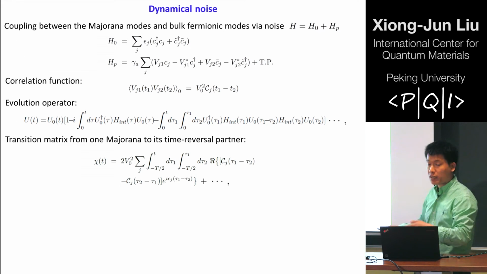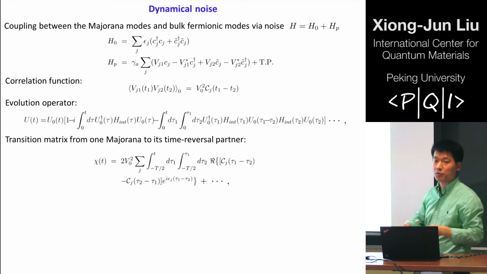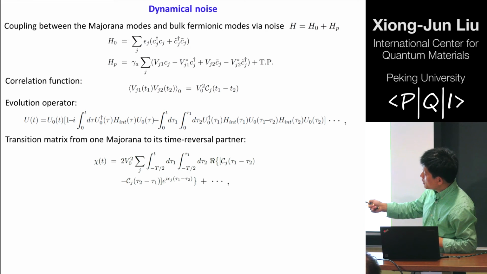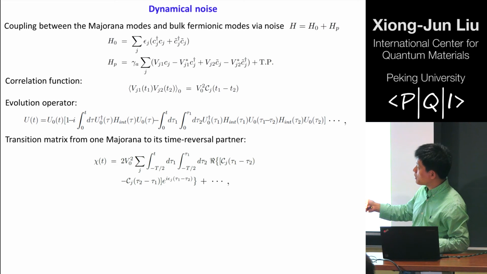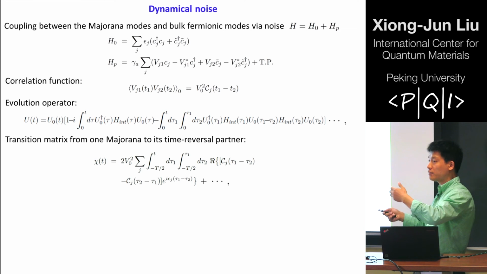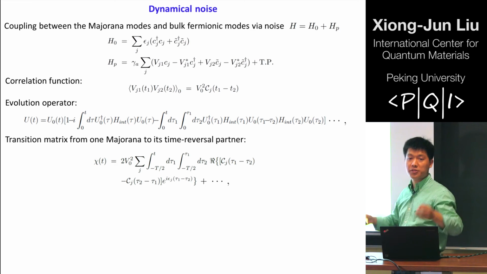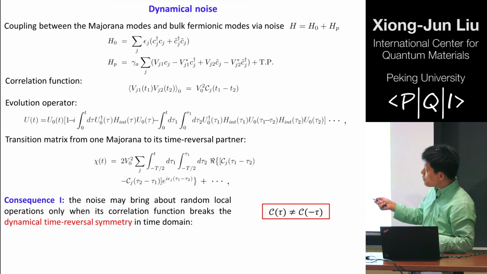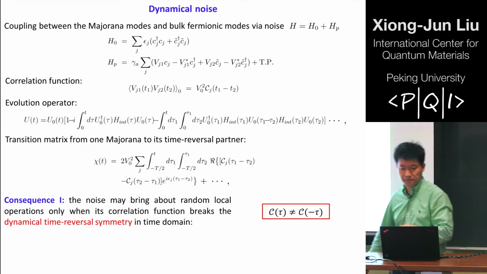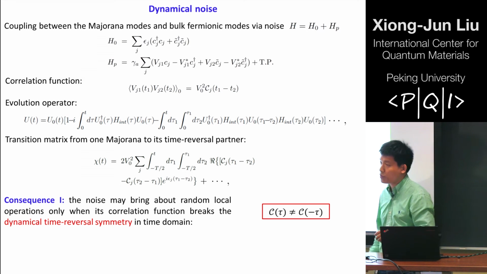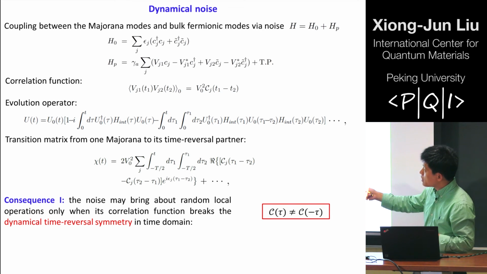Actually, we can write down the exact formula. Here, I only give you the leading order coupling induced by the dynamic noise, but actually we can obtain all the higher order contributions. We can neglect the mathematical details, but I can give you the key consequence based on this coupling.